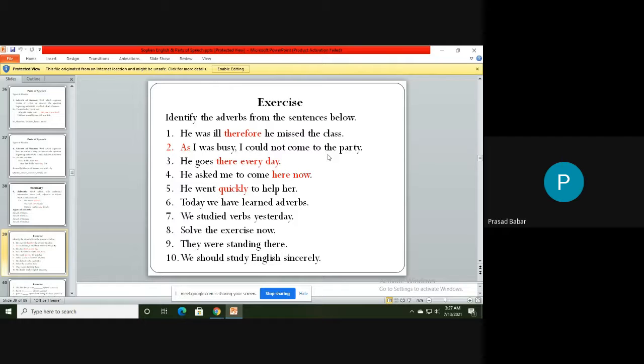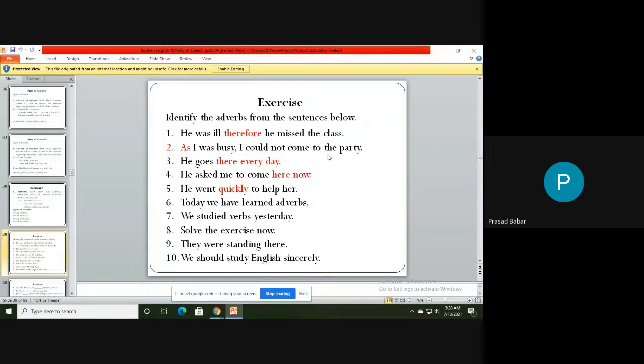We studied verbs yesterday. So in this example, what should be the adverb? Yesterday is the adverb. And it shows the time, and that is why it is the adverb of time. We studied verbs, but when? Yesterday, and that is why yesterday is the adverb of time.